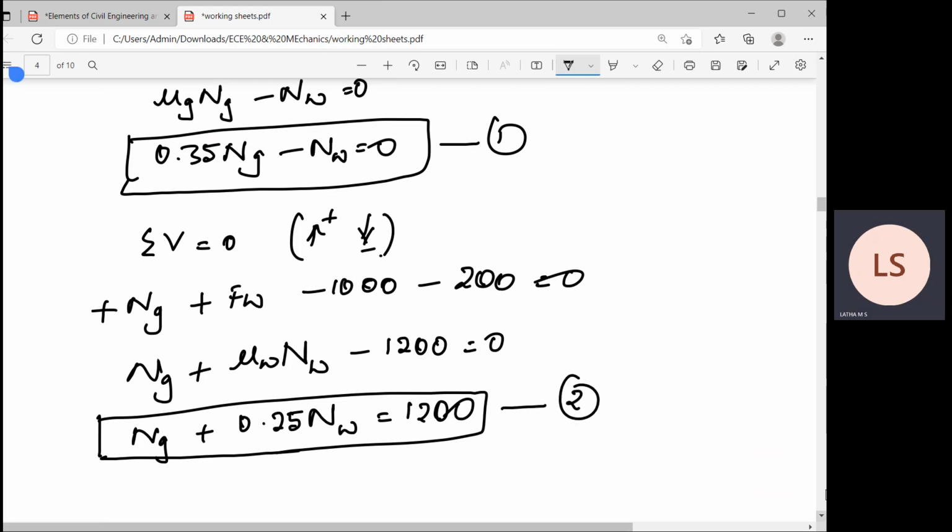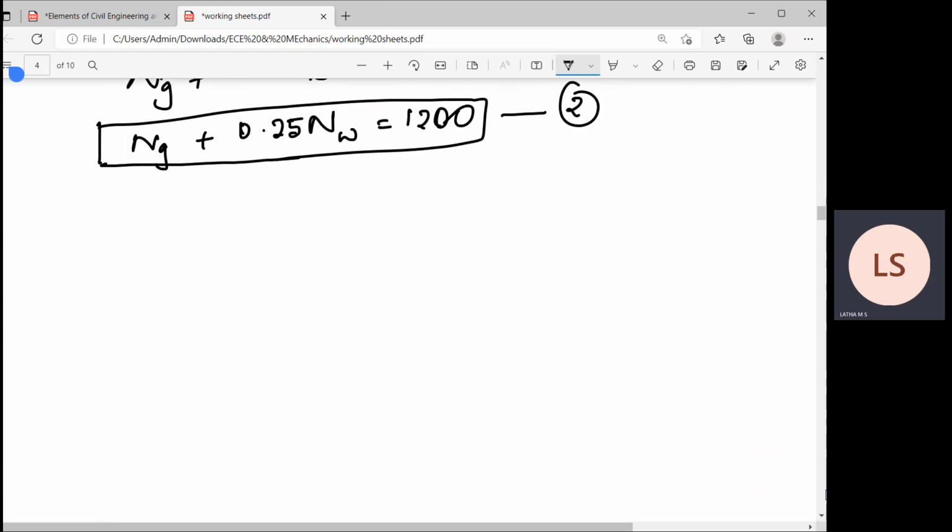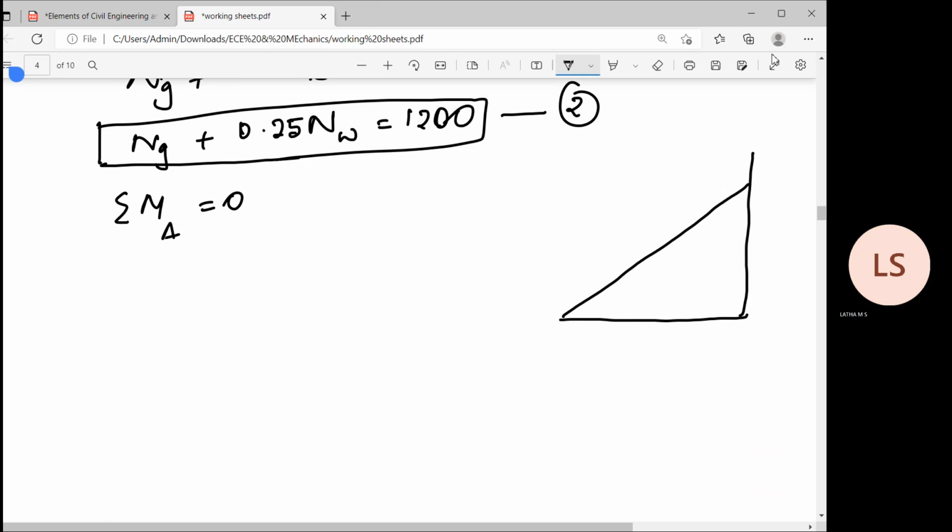Okay, then now I'll go with the third equation of equilibrium, sigma moment at any point. I'll take point A as equal to 0. I'll read out the diagram once again here instead of scrolling up and down. This is the motion, the Fw, Fg, this will be Ng, and the slip will be taking place down the wall.